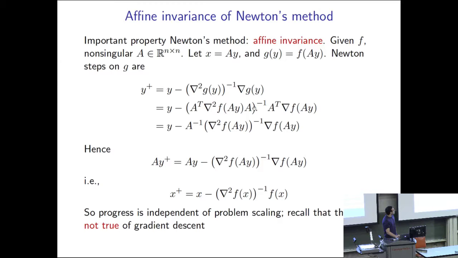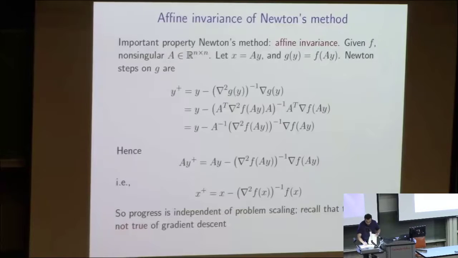Because A is non-singular, if I have A transpose Hessian A whole thing inverse, I can write that as A inverse times the Hessian inverse times A transpose inverse. I'm just using the property that if I have two invertible matrices, A and B, this is true.